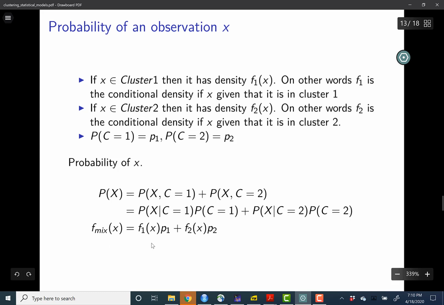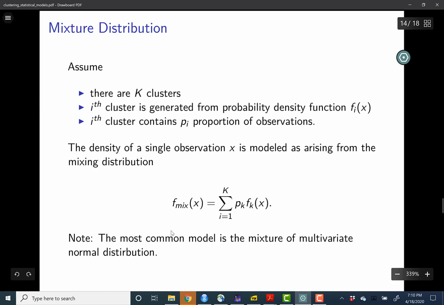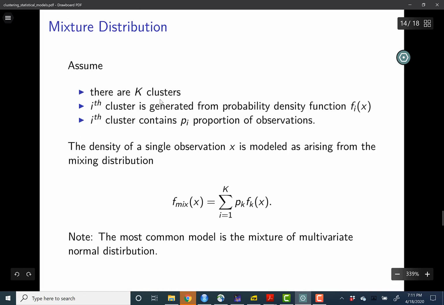If we have more clusters, we can generalize this. So you see where the word mixture comes from. I have 2 distributions, so X has this mixture distribution. If there are k clusters, the ith cluster has the density function Fi, and it contains a proportion Pi of the observations. So the mixture distribution of a single observation X is given by this.